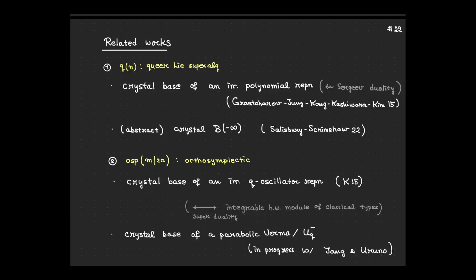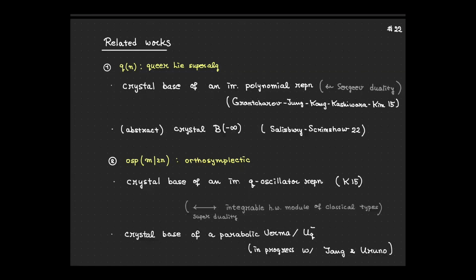But instead, I consider another family of representations, also infinite dimensional, the so-called oscillator representation. The reason why I consider this kind of representation is that they form a semi-simple tensor category.